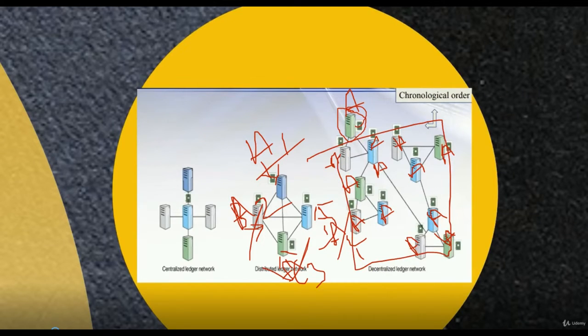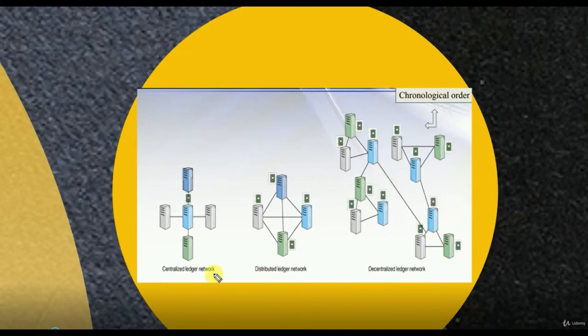I hope you now understand the difference between centralized, distributed and decentralized networks. The main thing is that the centralized network has one server, so anyone can hack it anytime.